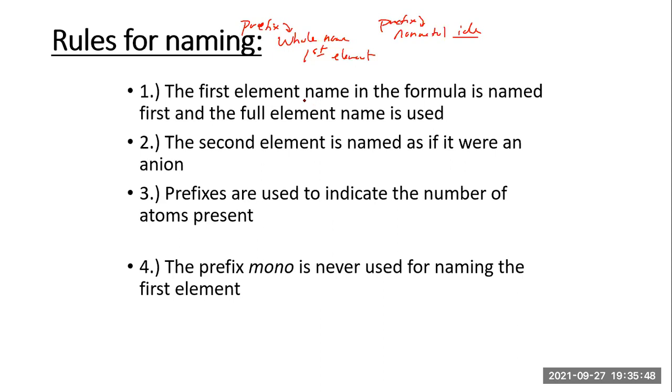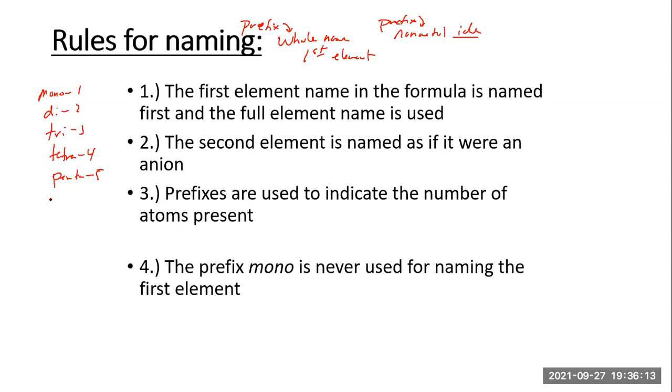So this is really the one that actually uses prefixes when we name them. Prefixes like obviously mono means 1, di means 2, tri means 3, tetra means 4, penta means 5, hexa, hepta, we'll see a chart here in just a second, octa, nona, and deca.